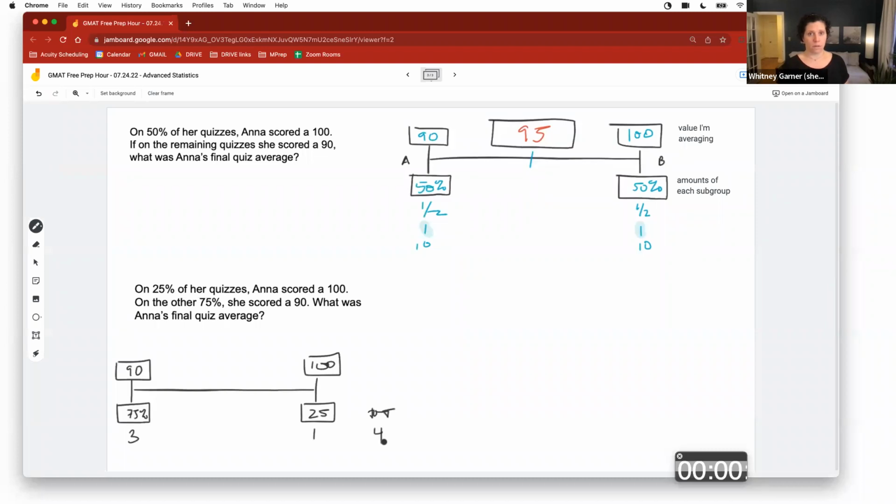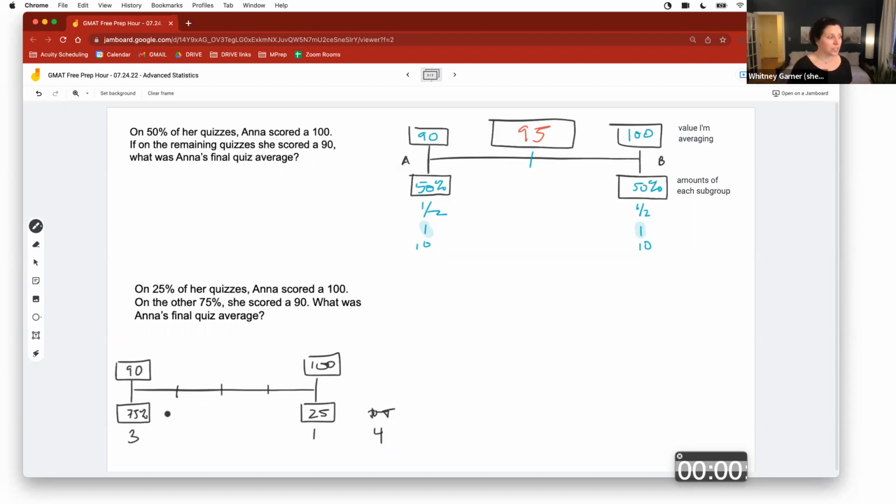So what I'll do is break this line into 4 segments, and I'll show that this 90 has pulled the average in its direction 3 times as far as the 100 has pulled the average in its direction.